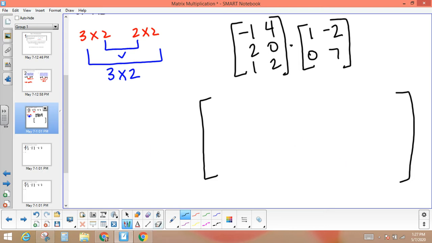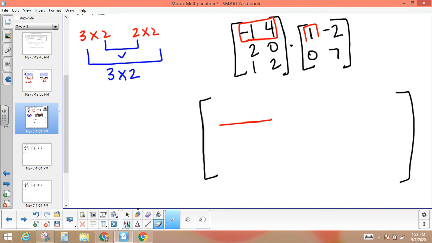Okay, so to get this entry right here, the number that's in the first row, first column, we're going to look at the first row and then the first column. So if I take these and multiply by these, okay, I'm not going to be able to keep up the color coding the whole time because it's going to get way too crazy. So I'm just trying to make you understand what I've got going on here.